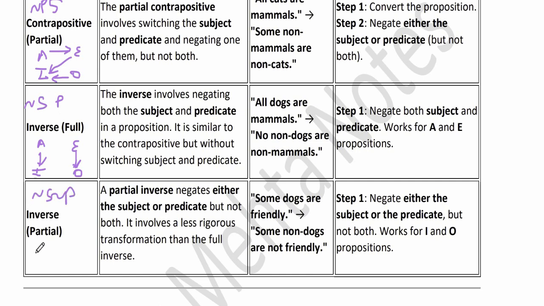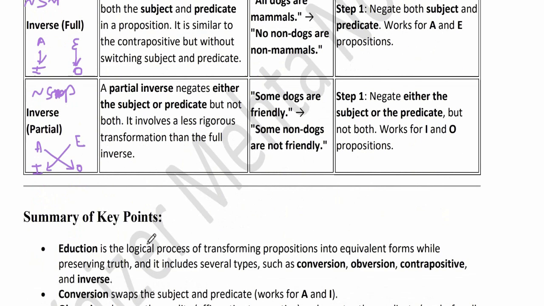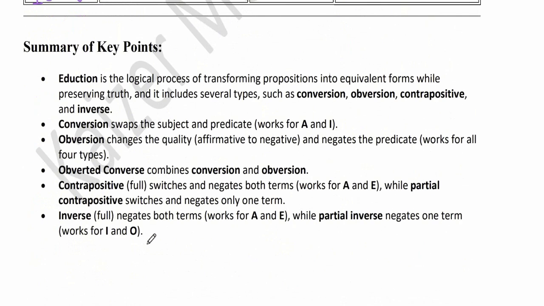Okay, and in inverse, A goes to O, and E goes to I. This is a very quick revision. And in inverse full both are complemented, and in partial only subject is complemented. Ignore minor mistakes, otherwise you all know what I'm talking about.